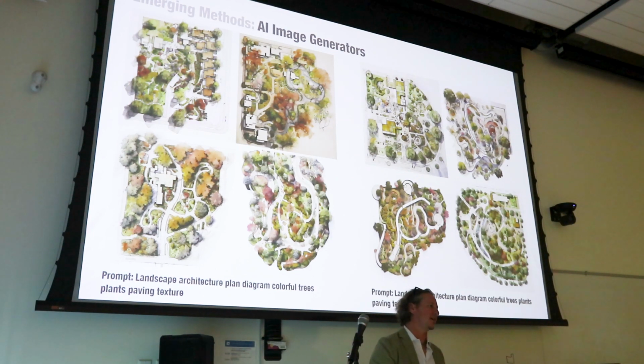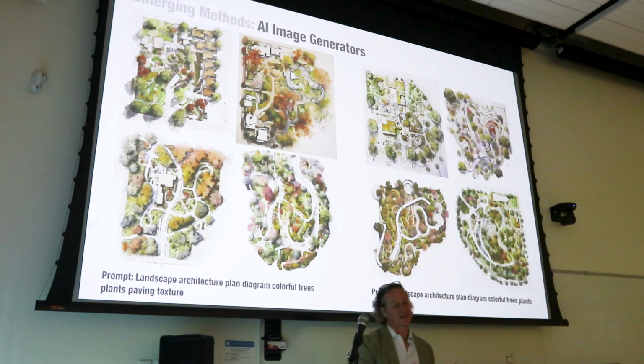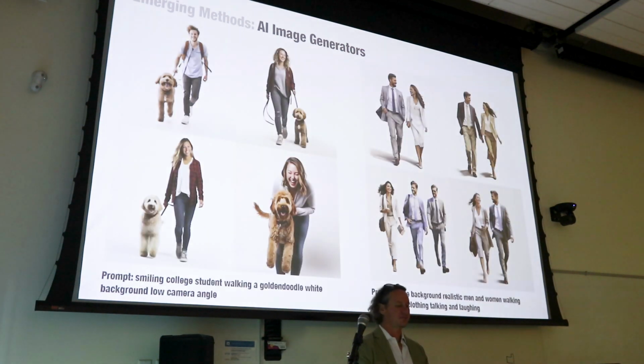Again, these are placeless. They're not responding to contours or soil types or hydrology or anything. But I think they could have some value in terms of visual stimuli or visual points of departure.